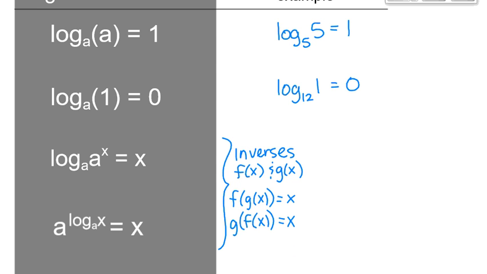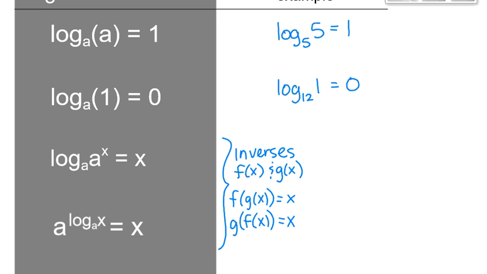So a logarithmic function with an exponential function inside it is just putting one thing inside its inverse. Everything's going to cancel but x. Or an exponential function with a logarithmic function inside it, assuming the base is the same. The logarithmic function inside the exponential function, because they're inverses, everything's going to cancel, just leaving x.